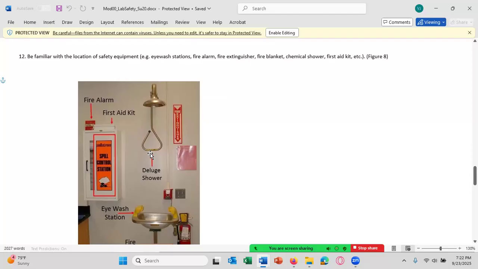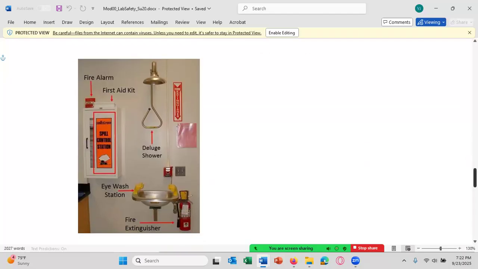If you ever spill large amounts of something caustic on your body, you can get under the deluge shower. Not likely to happen, but a possibility. That's why we have it. Eye wash station: if you ever get something in your eye, you can go to the eye wash station and wash it out. There's a fire extinguisher right there for putting out a fire.